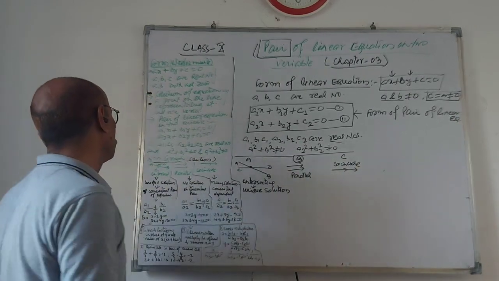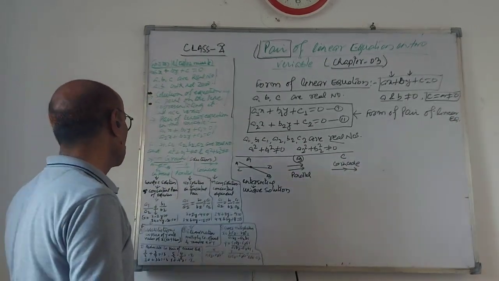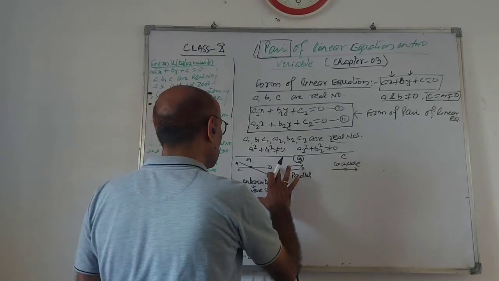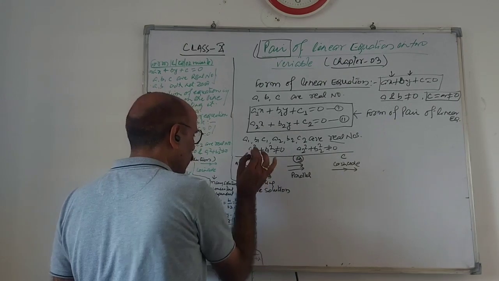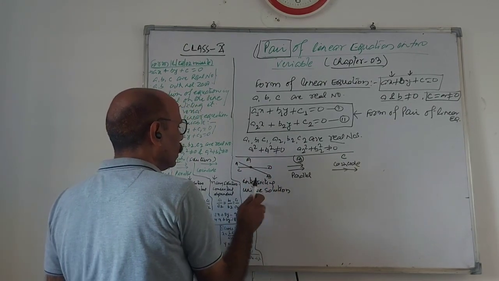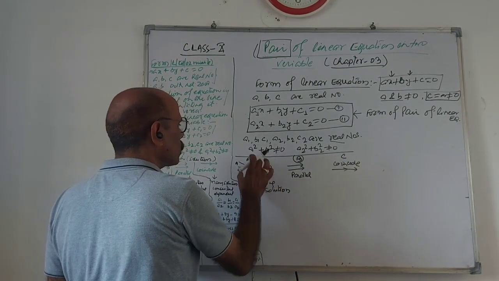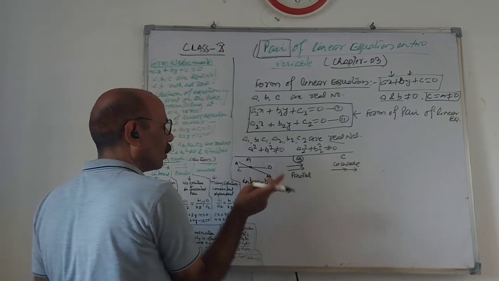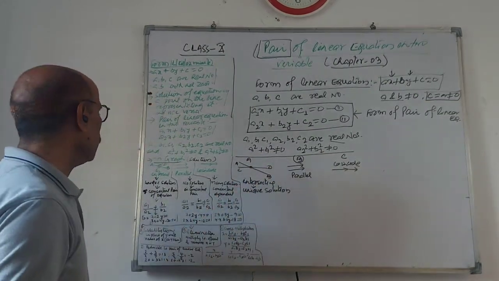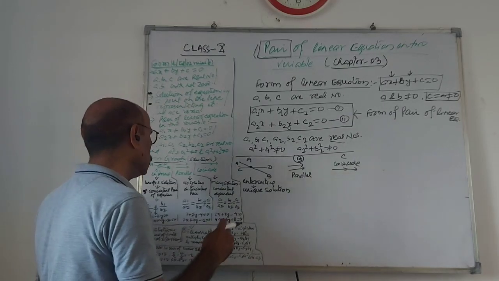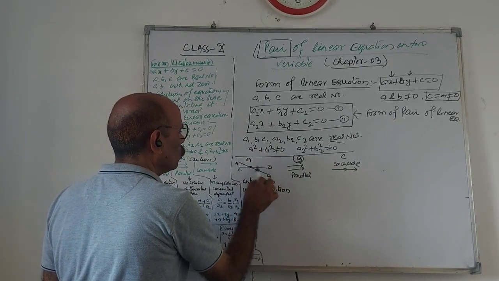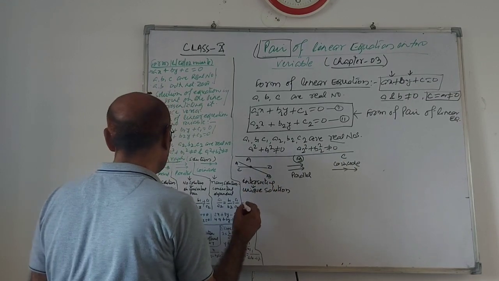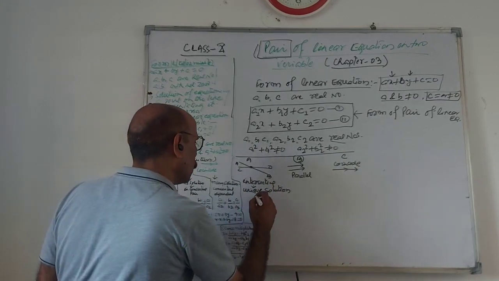This type of situation in the graph, intersecting at one point, is called unique solution, meaning one answer will be there for x and y. Okay. And two equations like this will be called a consistent pair of linear equations.